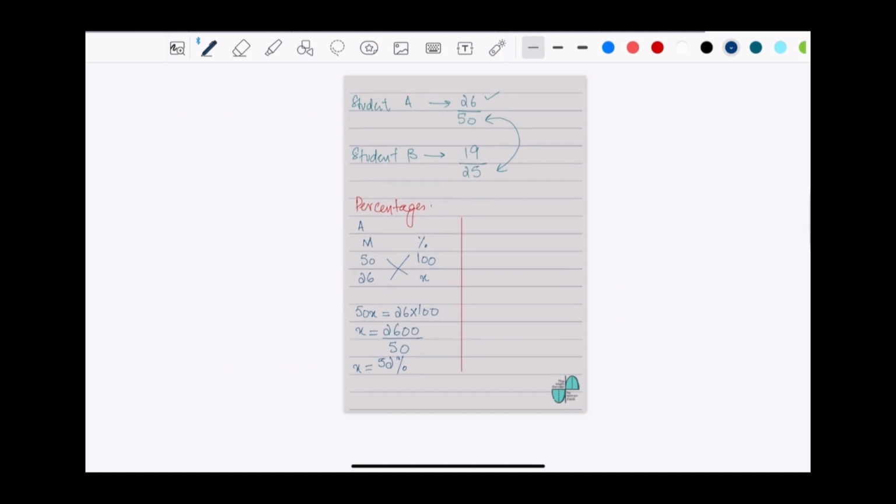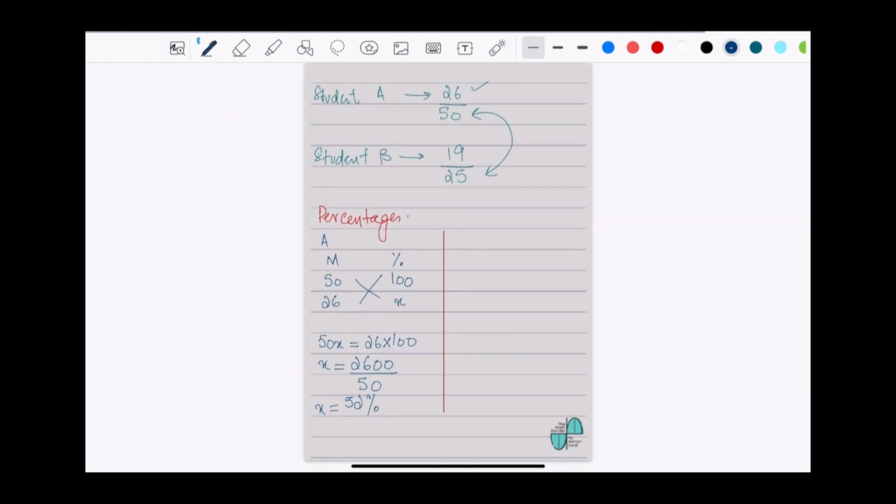Let's take another example for student B. Since I'm applying the same thing, marks and percentages.